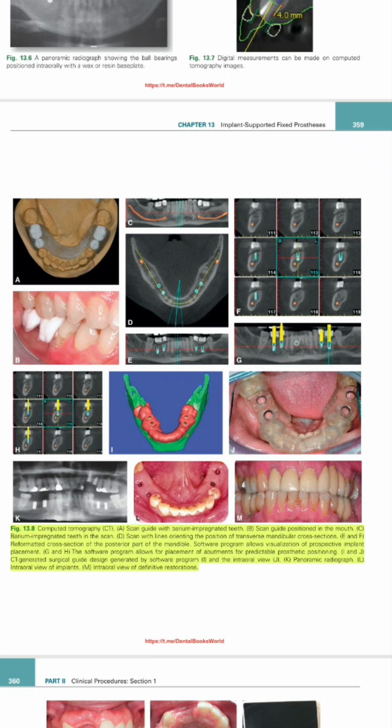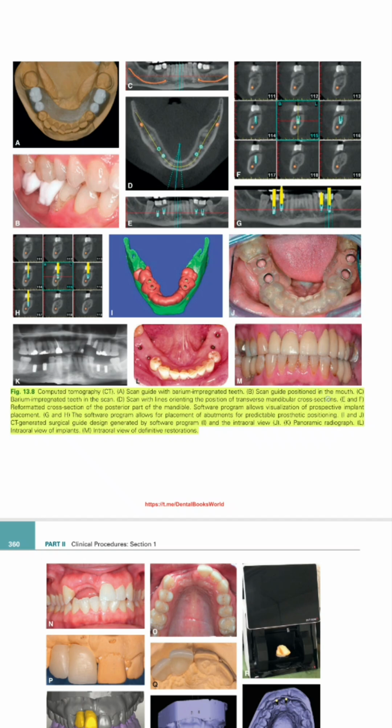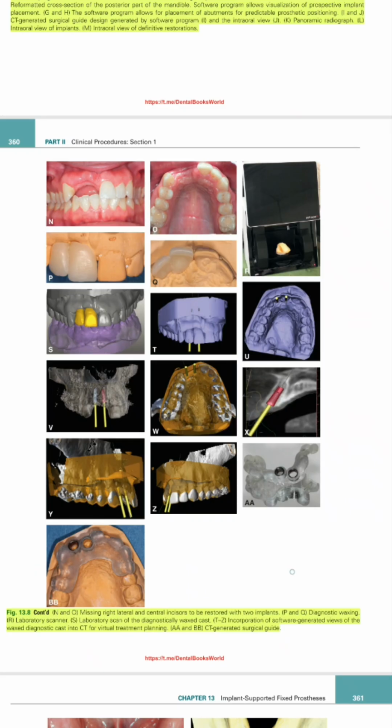Then based on this design, we made what is called a surgical guide. Then it was printed and reseated inside the mouth. The surgical implantation was made based on this guide. Then this is the final restoration of the prostheses over the implants. This is another case where we have a missing right lateral and central incisors.